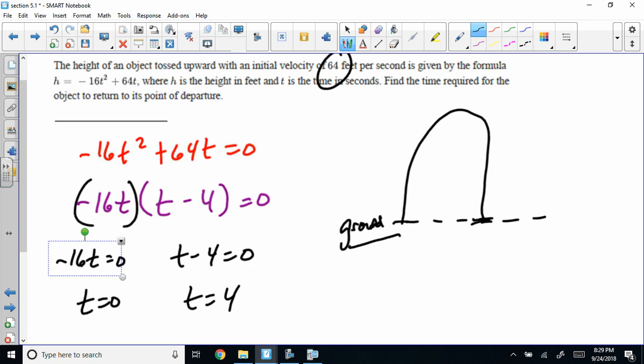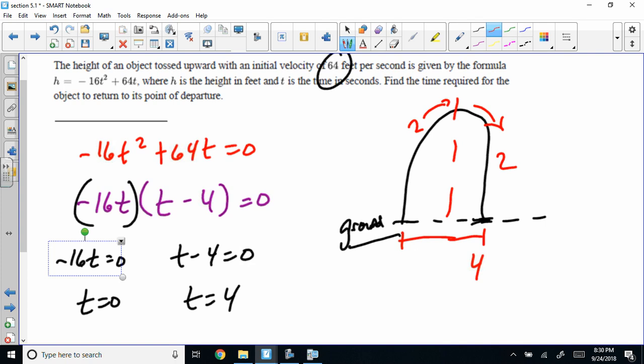Okay, so just in theory, understand that from here to here is 4. So it's 2 seconds to get to here, and then 2 seconds to get to where? Down there, right? That's only because it started where, folks? On the ground.